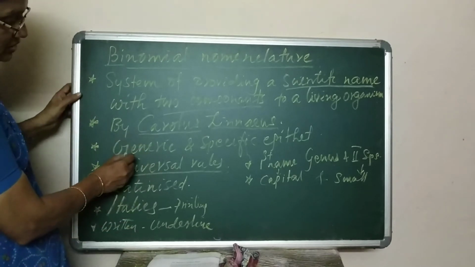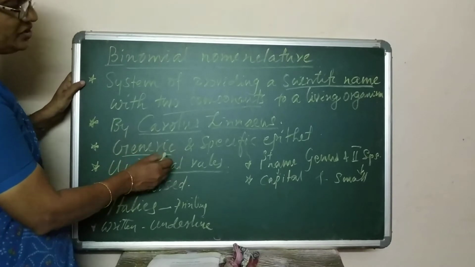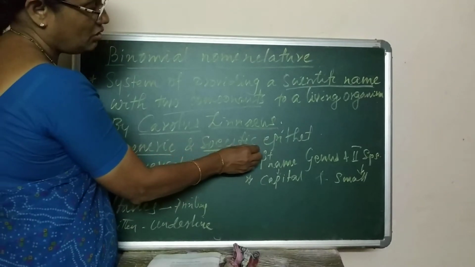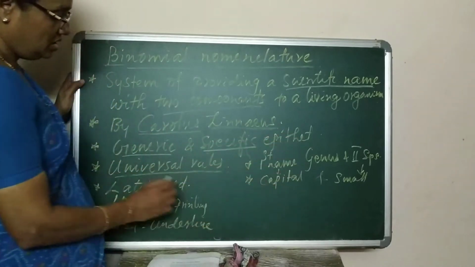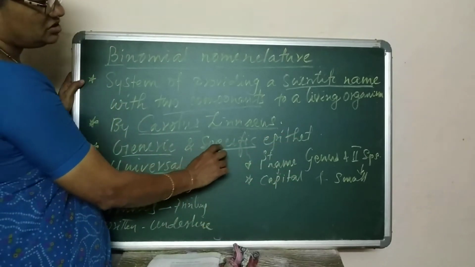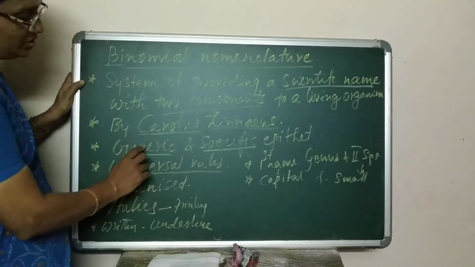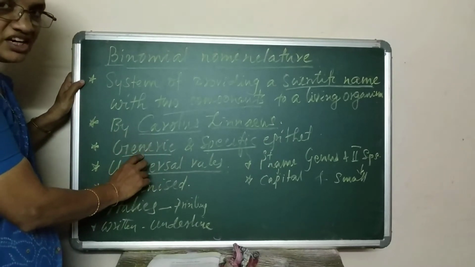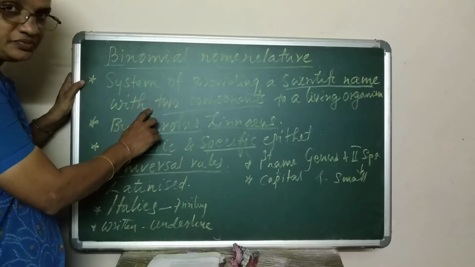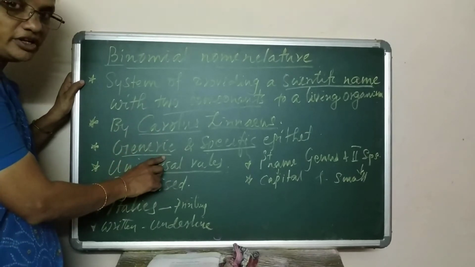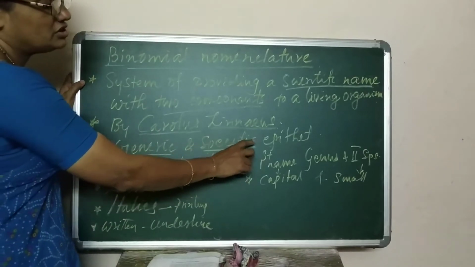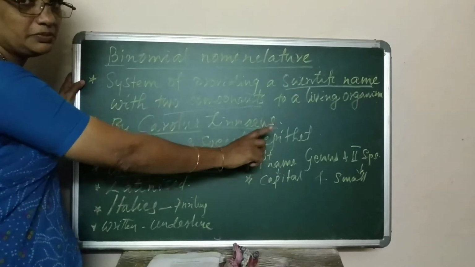The first is called the generic name, and the second one is called the specific name or specific epithet.